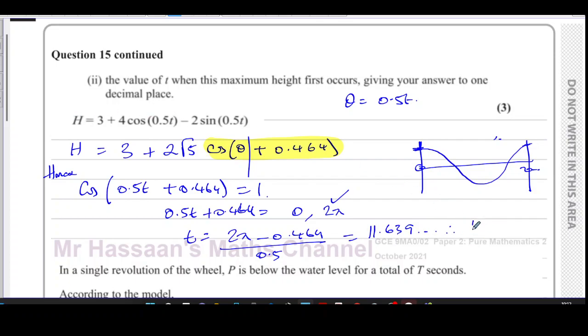Therefore the time is 11.6 seconds. 11.6 seconds is the time when it first reaches its maximum height, h being the maximum value. All right, that's part 2.